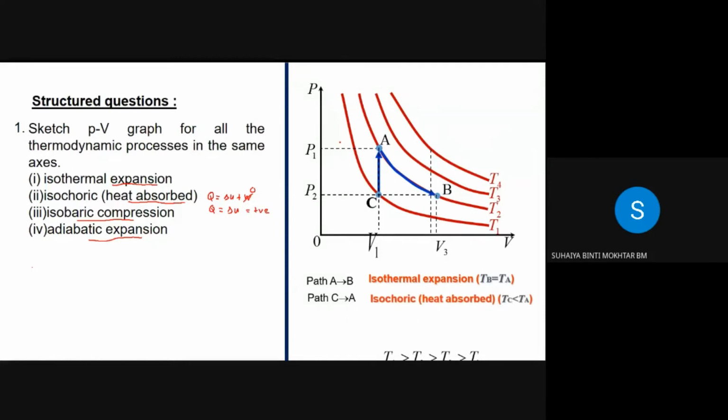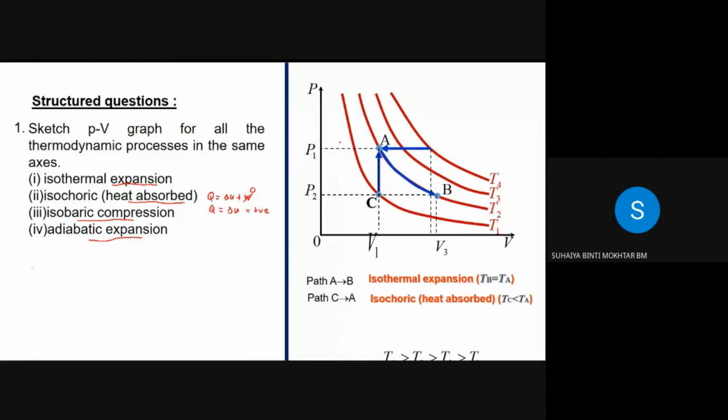Okay, then isobaric compression. Isobaric mean that constant pressure, constant. Okay. So compress. So arrow to the left or to the right? Compress. To the left. Okay. Mesti to the left. Pressure kita mesti constant. Ini boleh lukis kat mana-mana lah. Okay, tak mention ni.